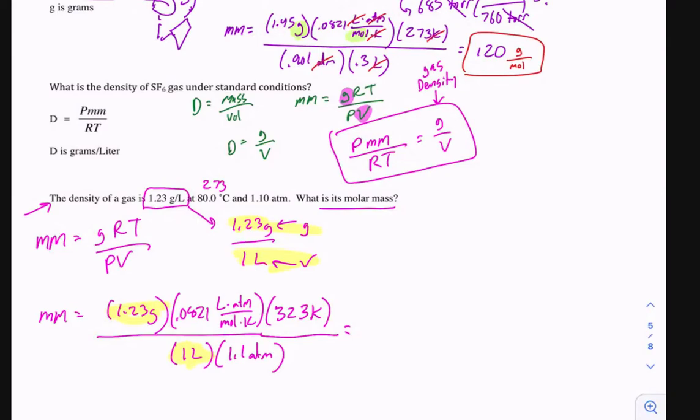Sorry, thank you. 353. Speedy math equals bad math. All right, 32.4. Okay. Unit pen, here we go. Kelvin, Kelvin, atmosphere, atmosphere, liter, liter, grams per mole.